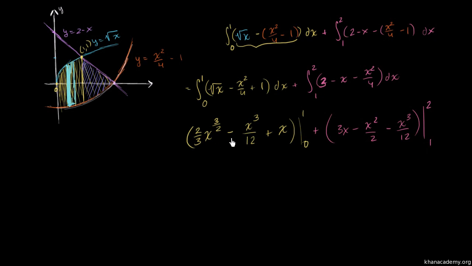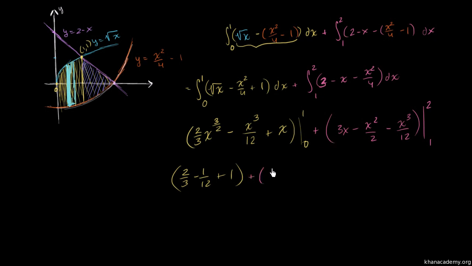Over here, you evaluate all of this at 1. You get 2/3 minus 1/12 plus 1. Then from that you subtract this evaluated at 0, but this is just all 0, so you get nothing. So this is what the yellow stuff simplified to. Then for the purple stuff, first you evaluate it at 2.